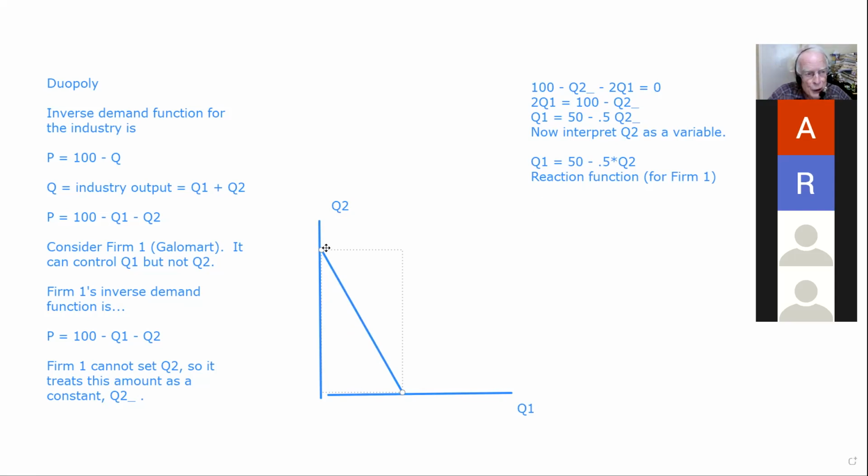So we have a negative relationship between output by the rival and output by the duopolist.